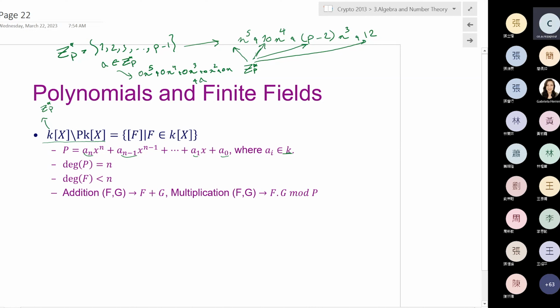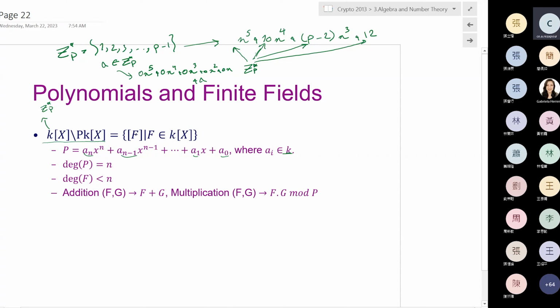Something to pay attention to is that we call the degree of this polynomial n, because the highest exponent, x to the n, is n. And then we are going to show a set of all polynomials that we can represent. And of course, when we want to represent all the polynomials, we do modular p, where p here is a polynomial.